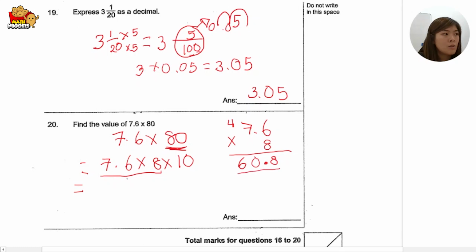So 7.6 times 8 is 60.8. Then you must multiply by 10. Multiplying by 10 means you move the decimal point to the right by 1, because there is 1 zero. So the total will be 608. Your answer here will be 608.